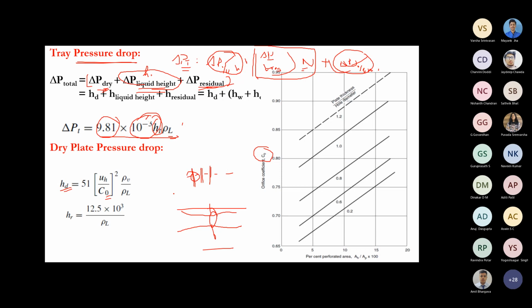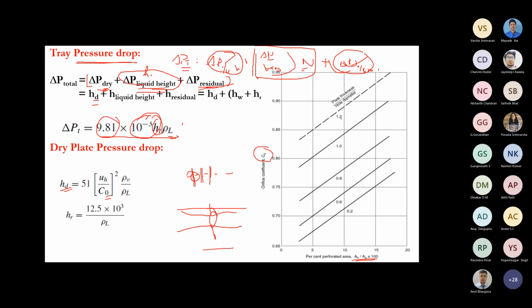HD is the dry head, or pressure head in the tray, due to vapor rising through the perforations on the dry plate. Here you have AH, that is hole area to perforated area, AH by AP.